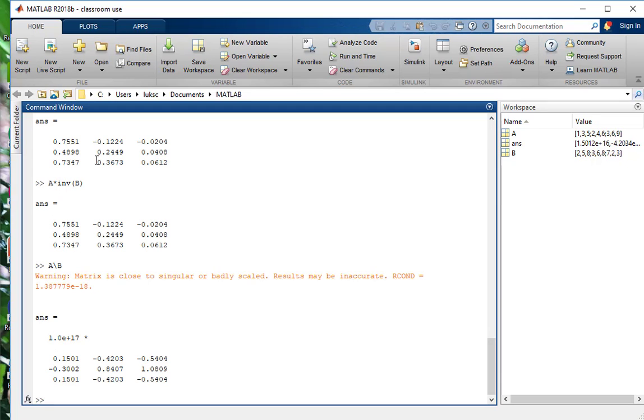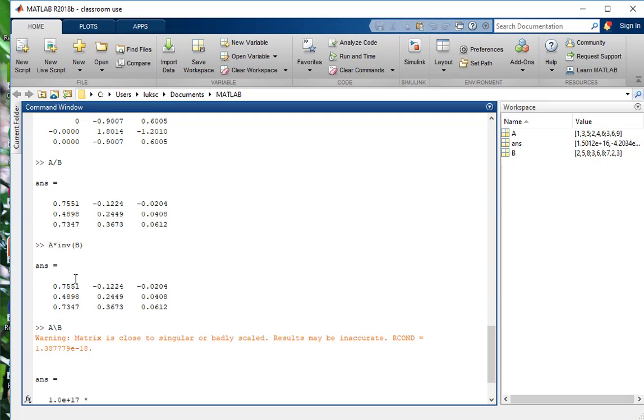So first of all, I was choosing something that had this warning because it really has no answer. But the other thing is this back arrow, although matrix math in MATLAB allows that, personally I recommend against using this just because it is a good way to get yourself into trouble.